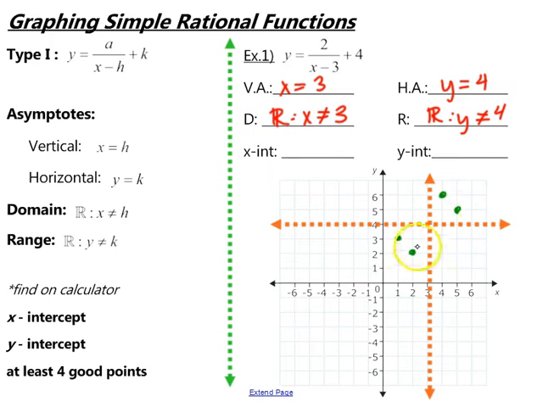So in addition to these 4 good points, we want to find the x-intercept and y-intercept from our calculator. When you find the x-intercept on your calculator, you'll find that it should be (2.5, 0), and the y-intercept will be (0, 3.3 repeating). So we can also go ahead and plot those. We have (2.5, 0) for our x-intercept, and then (0, 3.3) for our y-intercept.